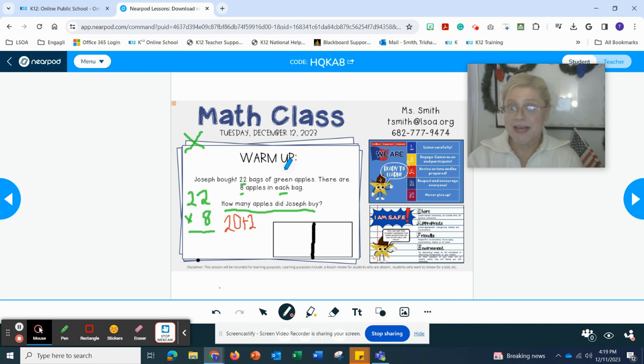So let's put that in our partial product box. On top of our partial product box, 20. Make sure you're putting your addition sign so you remember what you're doing, plus 2. Now, what are we doing with that 8? Are we adding, subtracting, multiplying, or dividing? We are multiplying. Correctamundo.